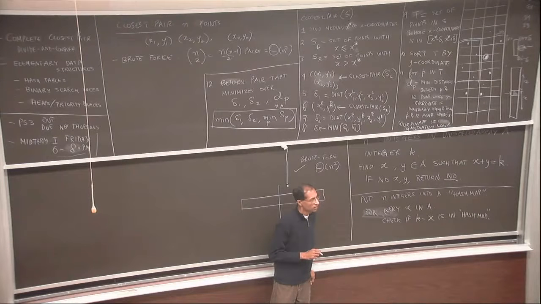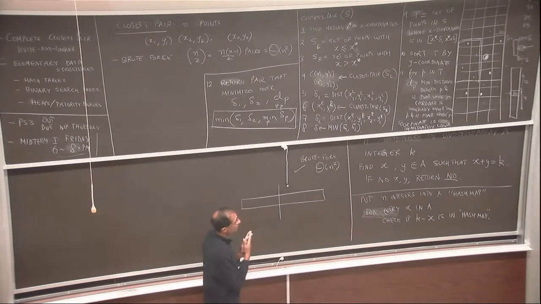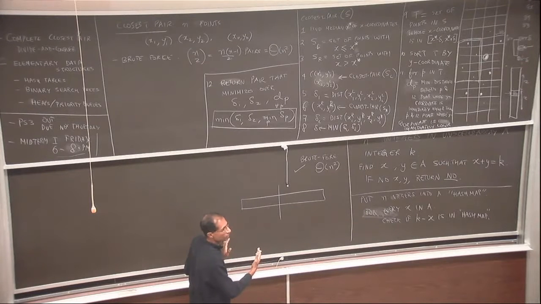Else, on the other half, I'll recurse the same algorithm, but this time instead of k, I'll take k by 2. So you're taking all the points less than k on one side, all the points greater than k on the other side. The problem is there might be nothing on the other side, so all the points might be on one side. Then I'll go by k by 2 and split it again, and I'll check.